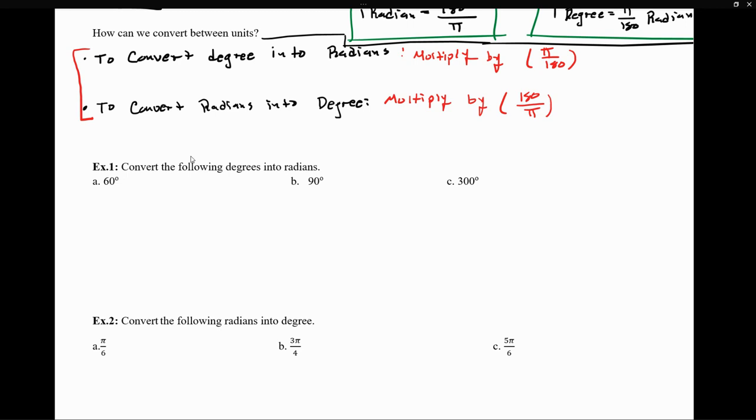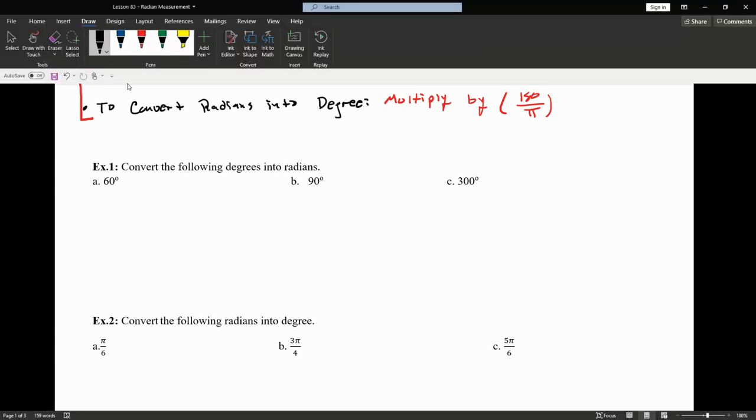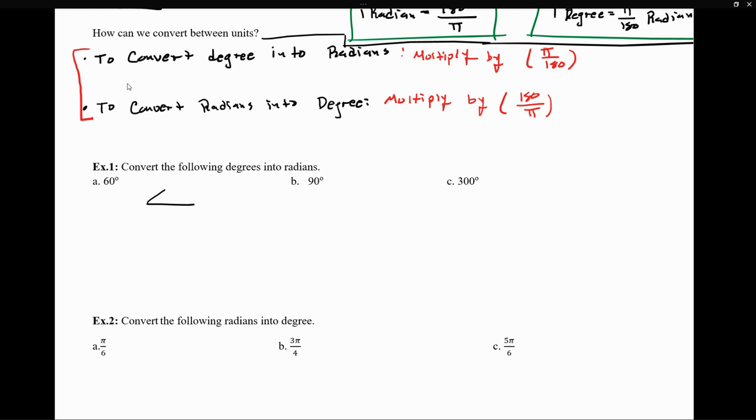So here we have the measurement of 60 degrees. So let's assume that we have an angle that is about 60 degrees. Can we convert that measurement into radians? Well, according to our conversion, to convert a degree into radians, all we got to do is multiply by pi over 180. So let's convert 60 degrees into radians. So we're going to get 60, and we're going to multiply by pi over 180.